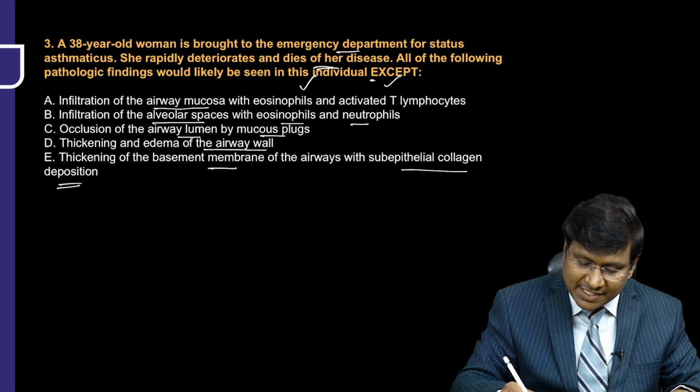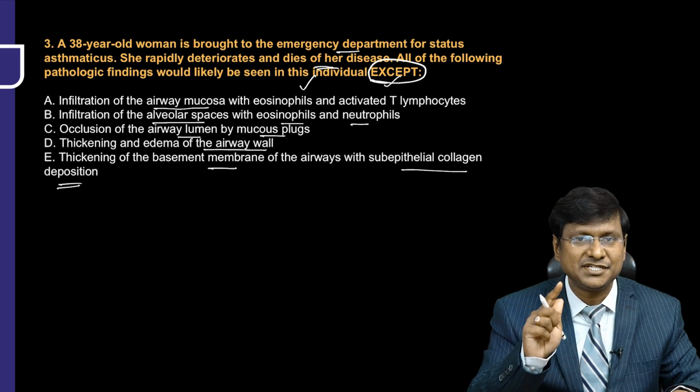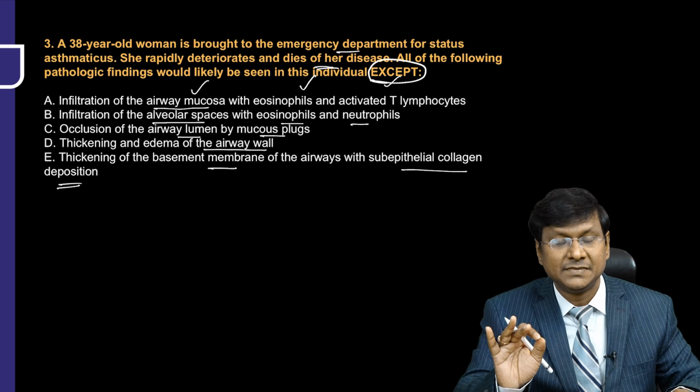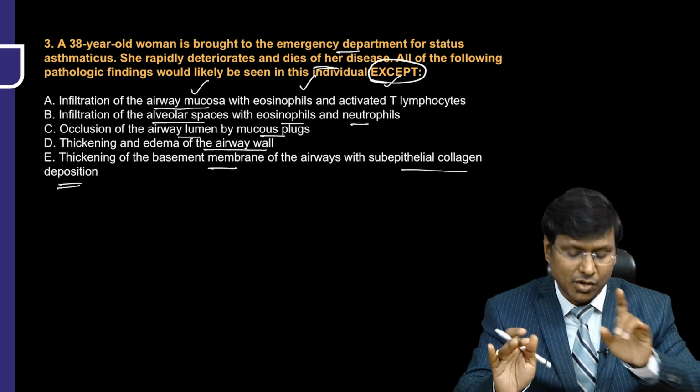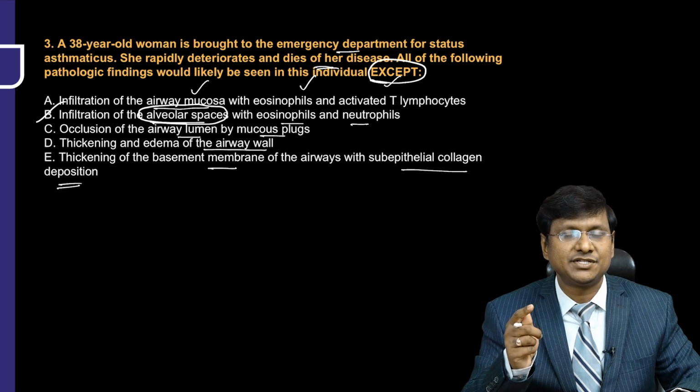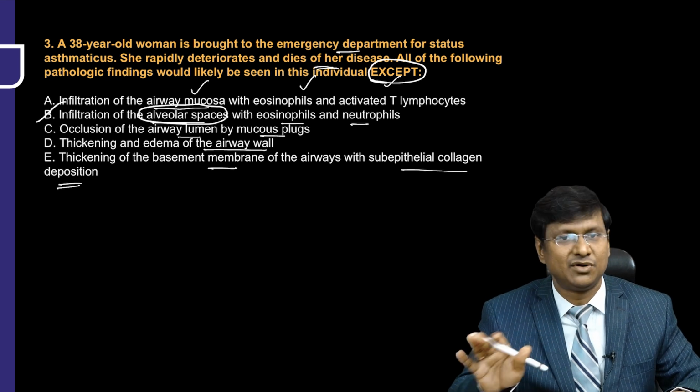Right. Now the question asked is the incorrect statement. In patients with asthma, the airway mucosa is affected, but not the alveolar spaces. Infiltration into the intra-alveolar space will not be there.